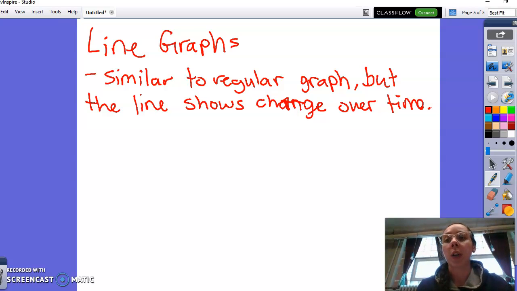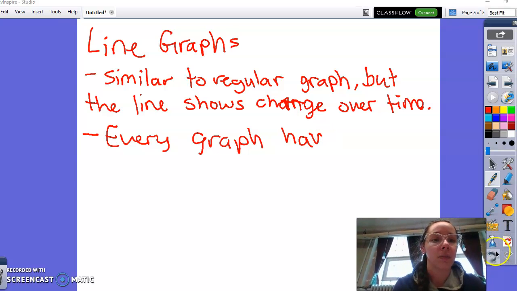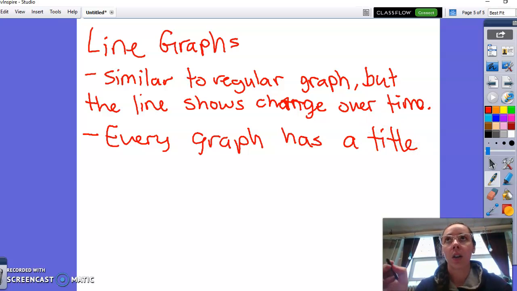Okay, before we go much further, let's talk about graphs in general. Every graph you will see should have a title, which we talked about in 9.2. And then this is something new.